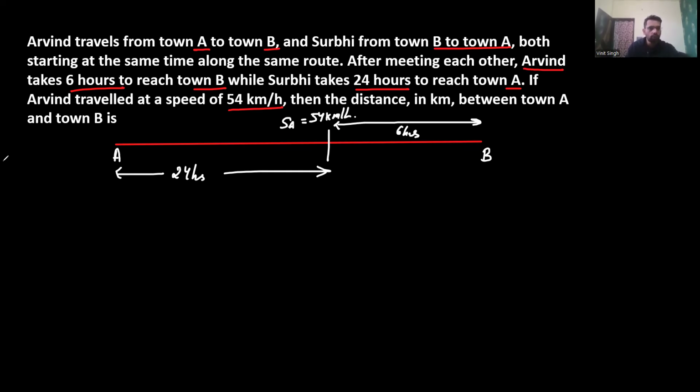Now we have to know one formula to solve this question. When they meet at a point and after that their time is given to complete their journey. Arvind and Shurbi start from different points and move towards each other, but meet at a point P. After that, they complete their distance in 6 hours and 24 hours.